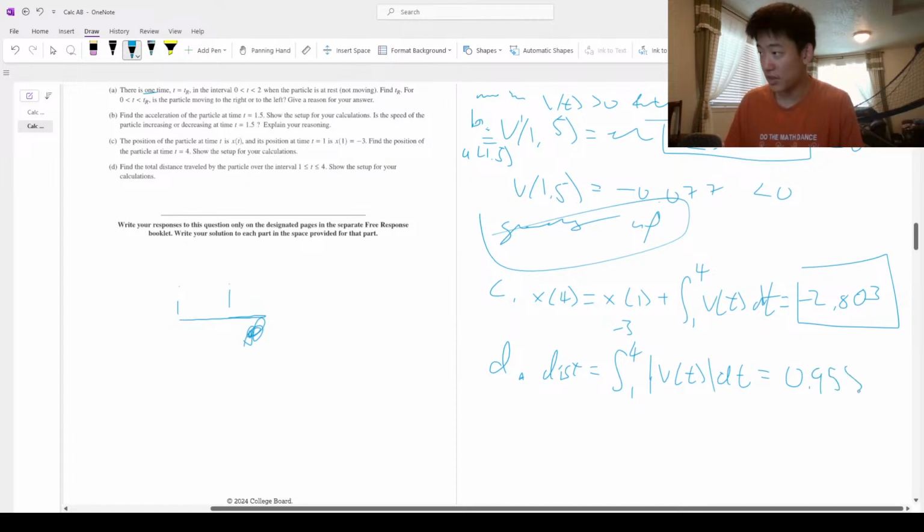I'm pretty sure it's the correct answer. If you got anything different, put it in the comments and tell me how you got it. I am sure this is the correct answer because it's the absolute value of the velocity. Just for demonstration, if you don't put the absolute value here, you're going to get an answer from your calculator, but it's going to be different. I bet it's a lot less, because you're not accounting for changing direction.